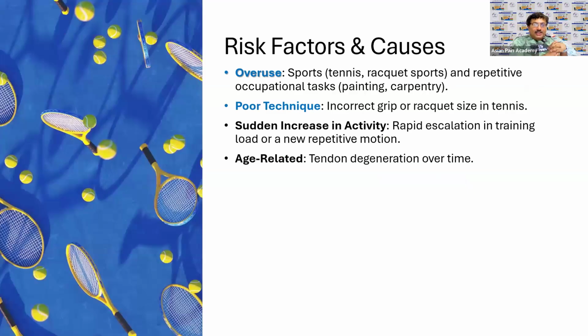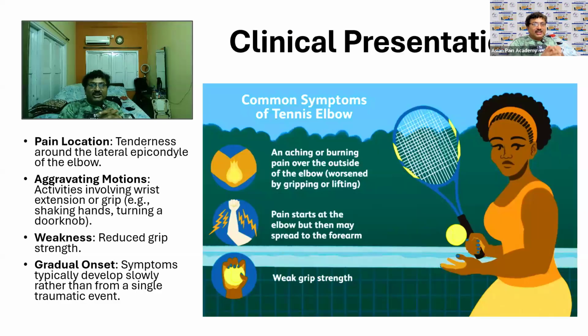For example, painting, carpentry, etc. And poor technique, poor ergonomics and poor training are causes that can actually give rise to this condition. And there could be associated factors like sudden increase in activity rather than the normal, and also it can be caused by age-related degeneration.